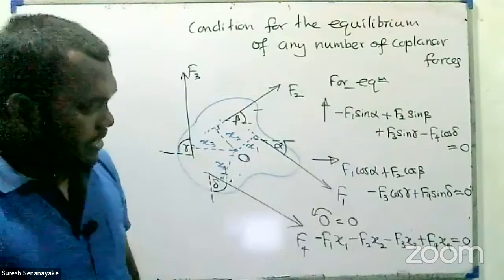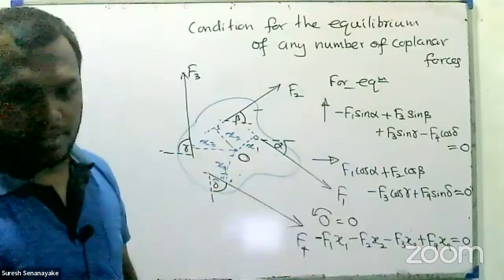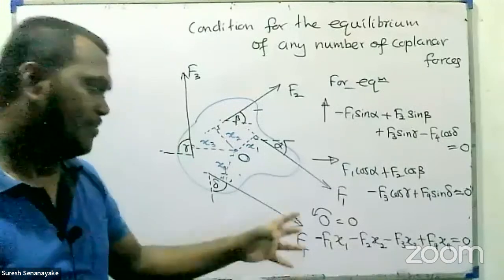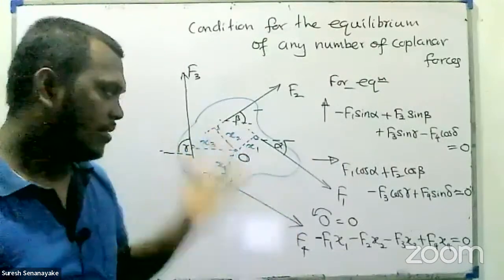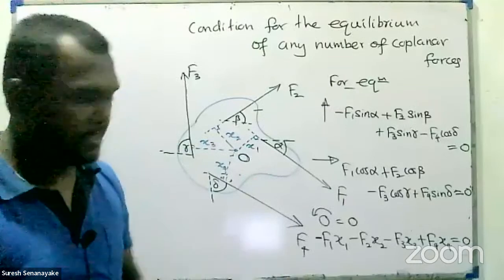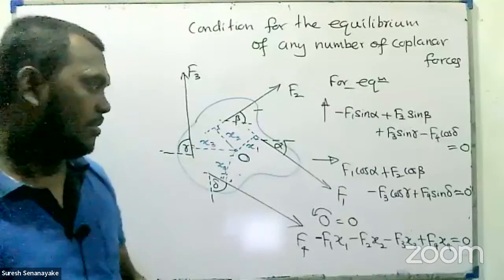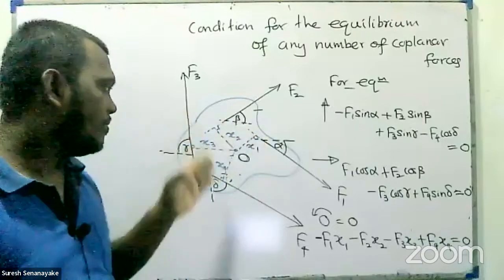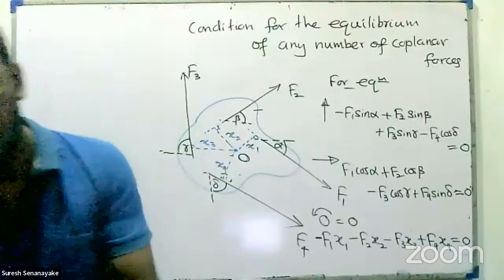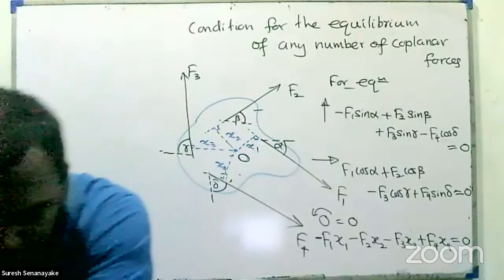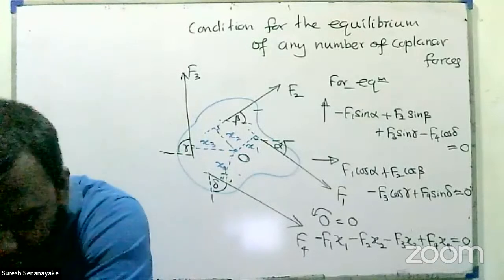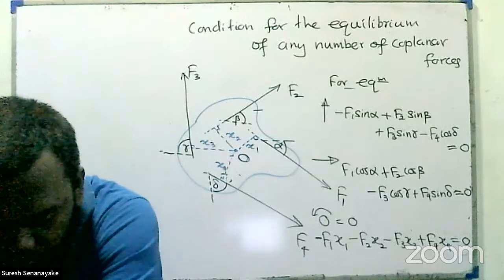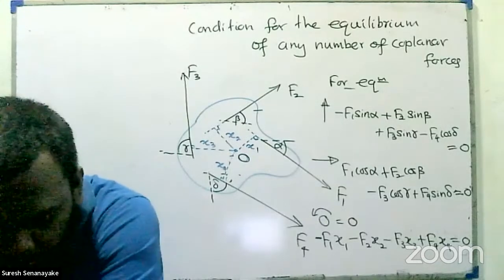Just getting the components, we get the components in X and Y. And here, taking the moment about any point, I'm considering O because I marked all the distances from O. To take the moment, you need to know the perpendicular distance from that point. Then copy down, right?